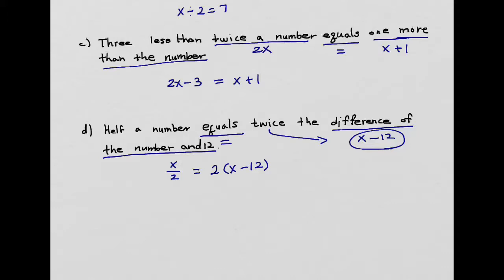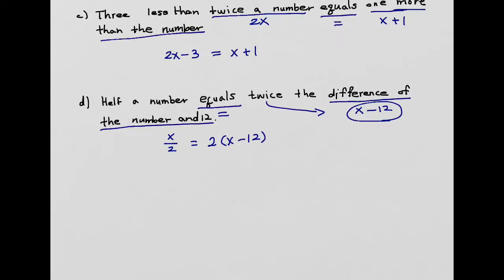And then I'm going to show you this one, how to solve. So we're going to open the parenthesis, and then put the number with the variable together. So I had x over 2 and then minus 2x equals negative 24, and then combine the like terms.